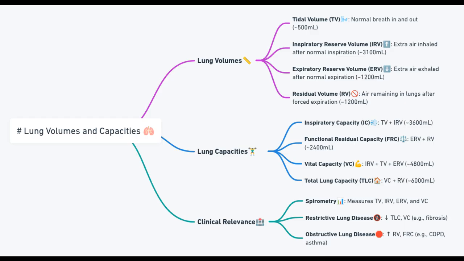Your FEV1 FVC ratio being 70%, whilst you have your lower limit normal 70%. So this particular one, the FEV1 FVC does not confirm obstruction, but the forced expiratory volume in 1 second being 1.19 is lower than the lower limit of normal, which is 1.82.